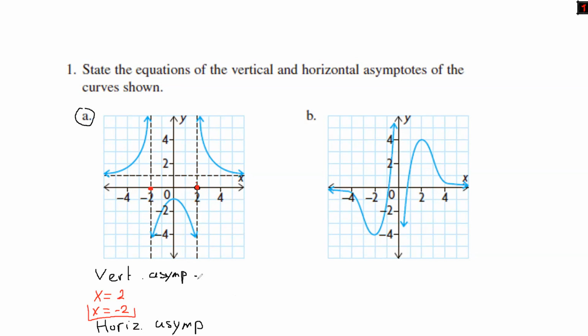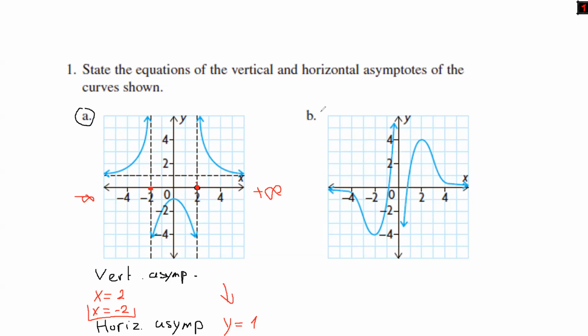For horizontal asymptotes, we would say y equals 1. This is exactly going to be the limit of our function as x tends to positive infinity and negative infinity. So these are three actual equations because we have 3 asymptotes, 2 of them vertical and 1 horizontal.